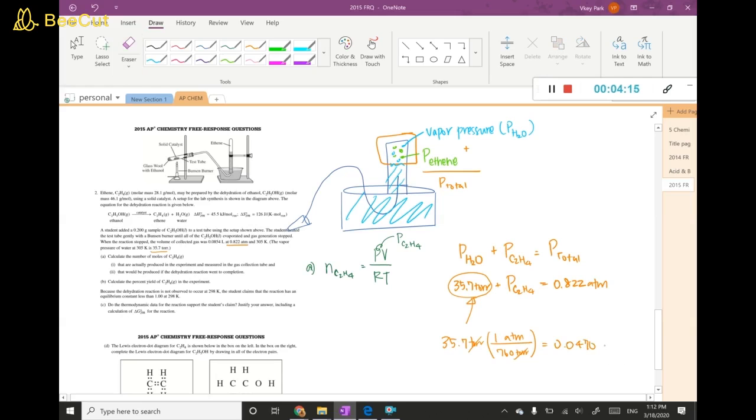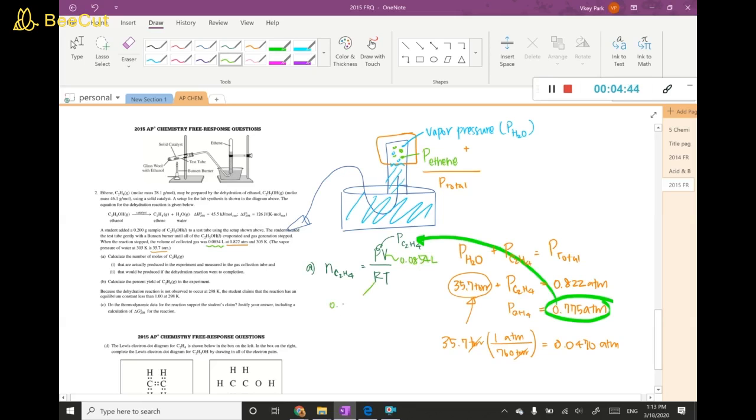0.0470 atmospheres. Okay, now I can plug this number in to figure out what my partial pressure of ethene is, and I end up with 0.775 atmospheres. Now I'm going to plug this into there. And my volume, they have given it to us, which is 0.0854 liters.